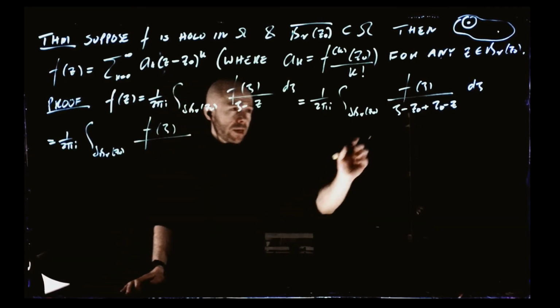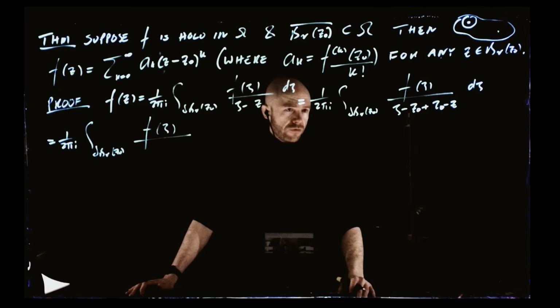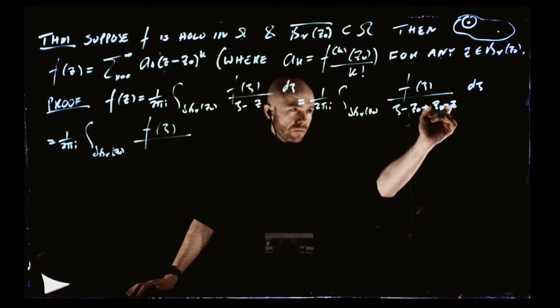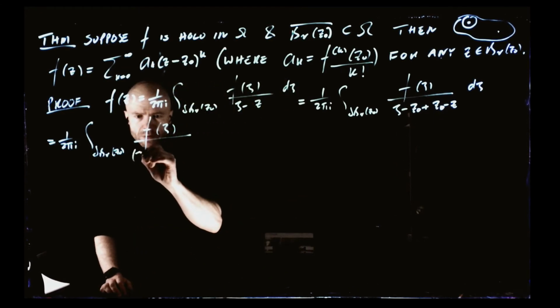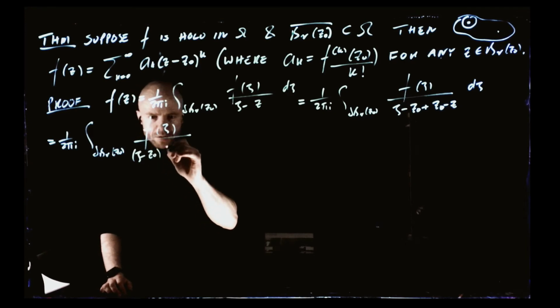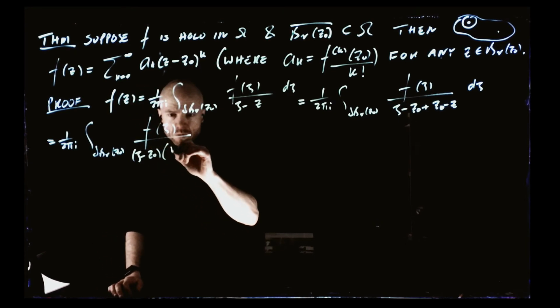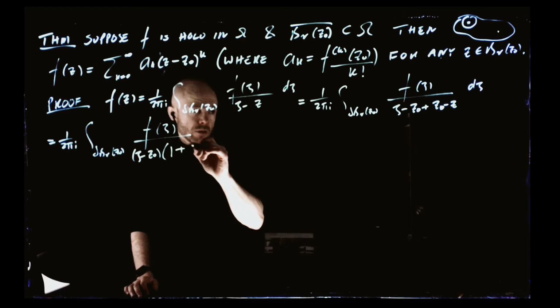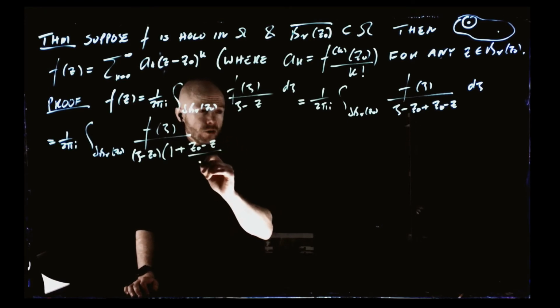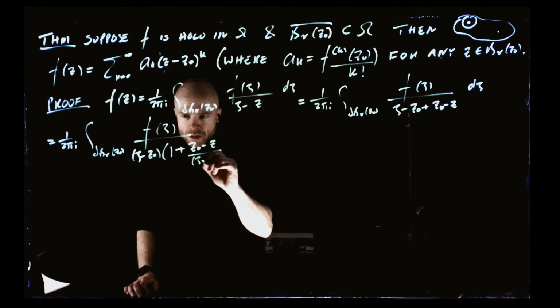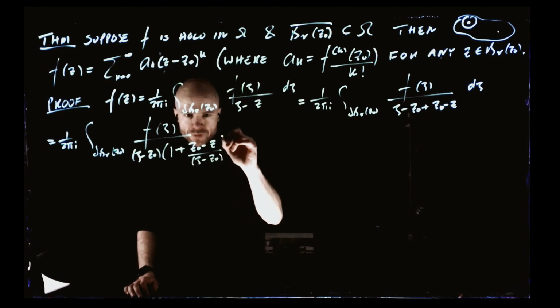Obviously that doesn't change anything. And let's write it like this. Let's factor out this z minus z0. So then we have zeta minus z0. Let's factor out this guy. So then we're going to have 1 plus z0 minus z over zeta minus z0.